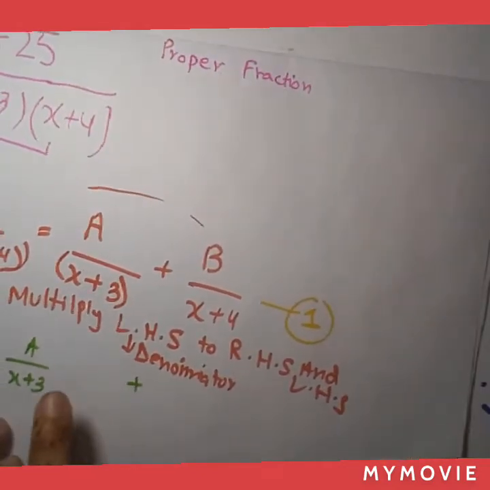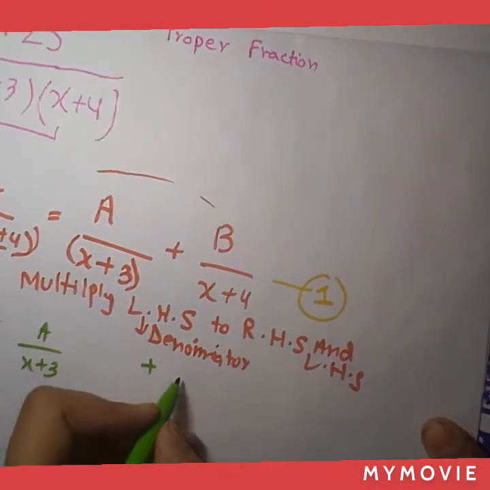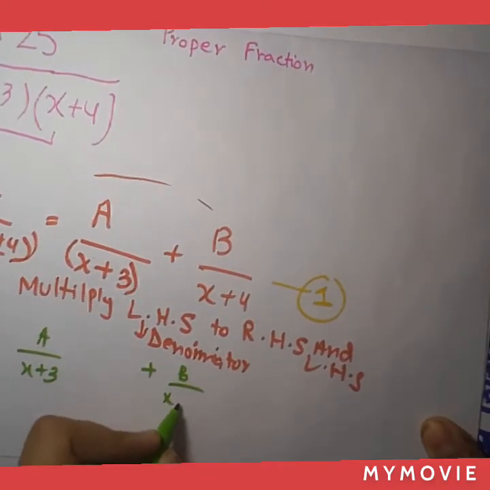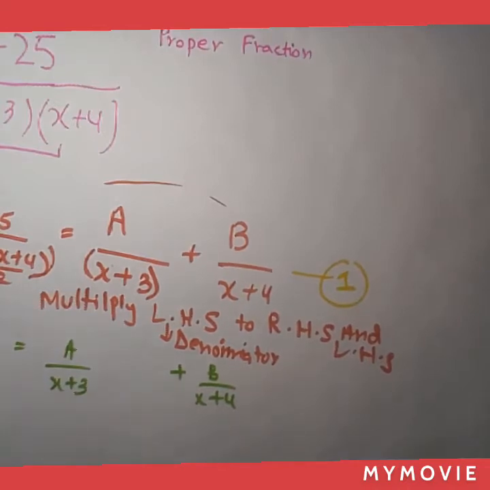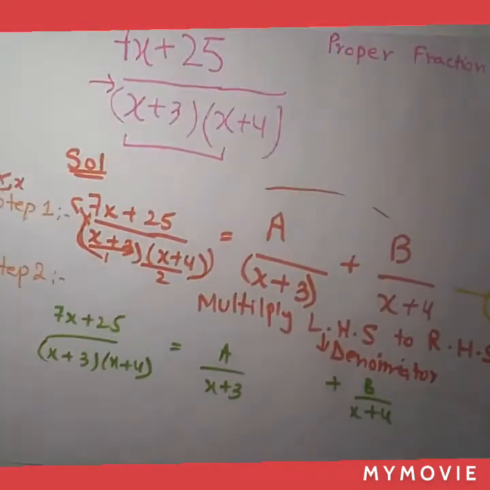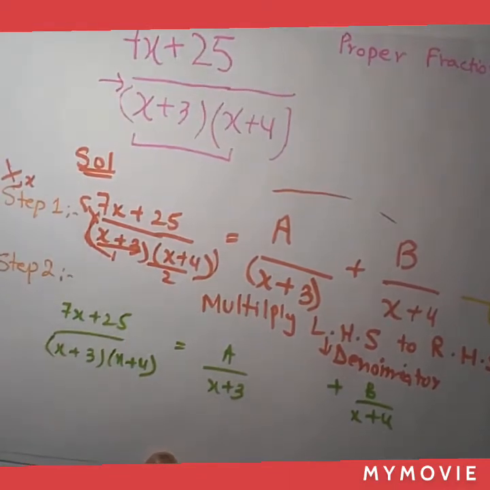Make some space, because the denominator has to be multiplied. Now I am multiplying with a different color to explain to you. Please don't confuse yourself and the examiner.